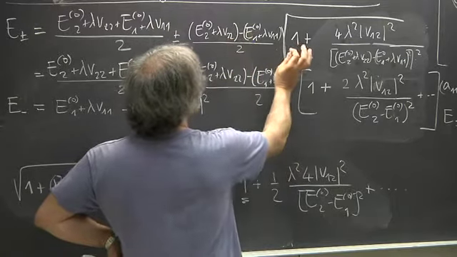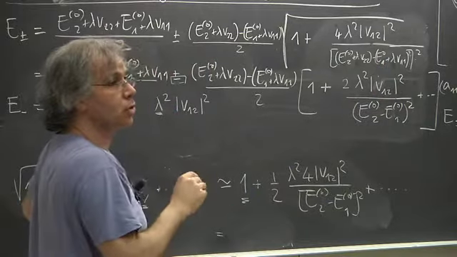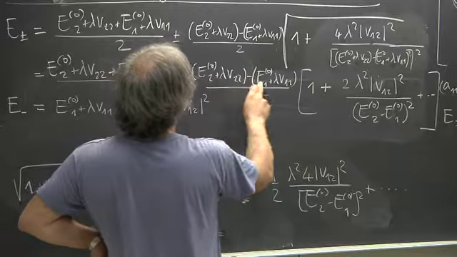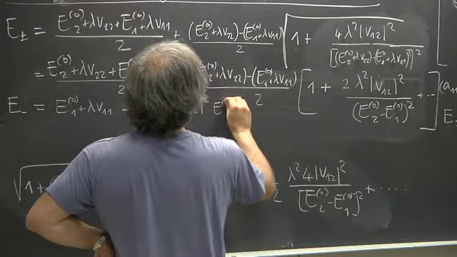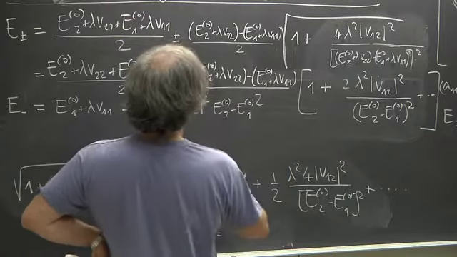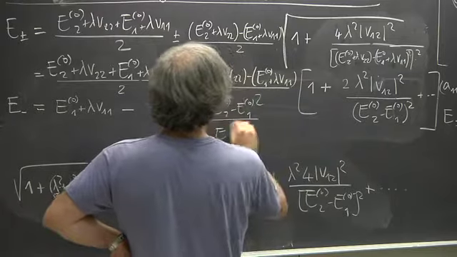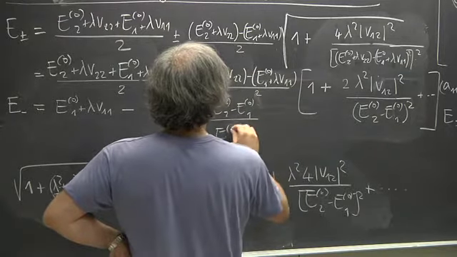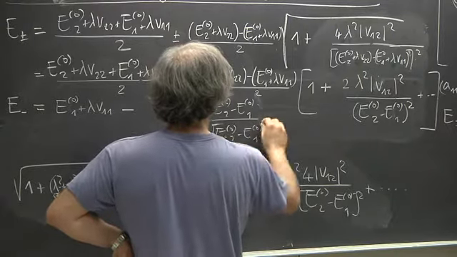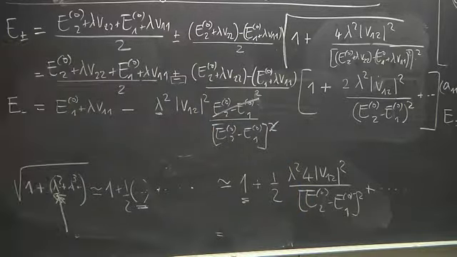In other words, to drop these two terms, okay? Because this would give me a correction to order lambda cube, okay? So if I want just lambda square, I can take just here E02 minus E01. The 2 is gone. And here I have another (E02 minus E01) squared. Okay? So this really drops one of the denominators.